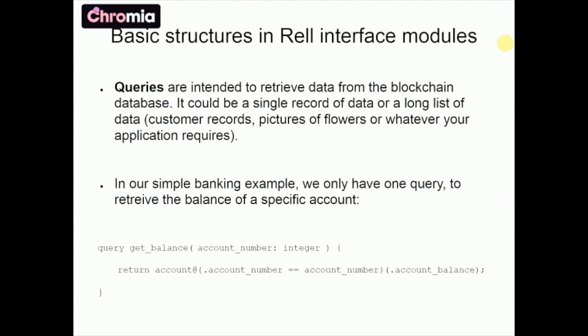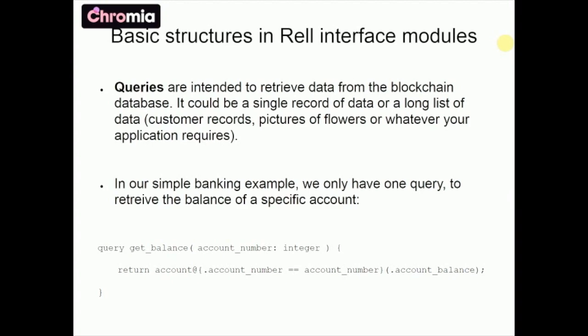And also there is in RELL the concept of queries, and their intention is to retrieve data from the blockchain database, and that could be a single record of data or a long list of data, any type of data like customer records, pictures of cats or whatever.